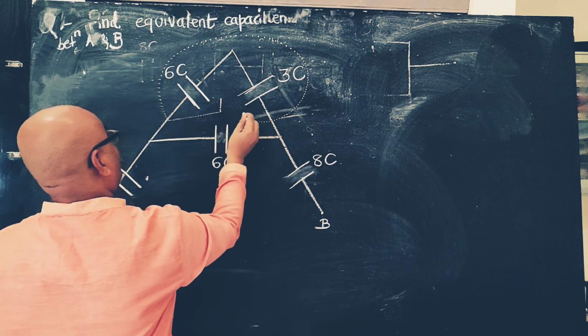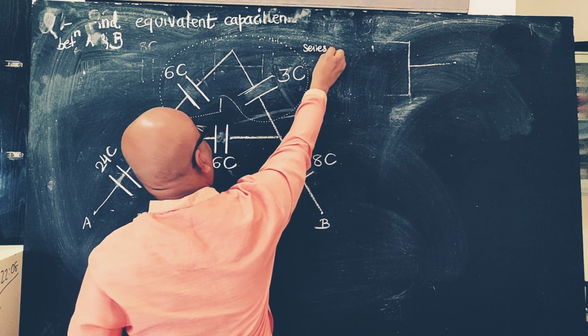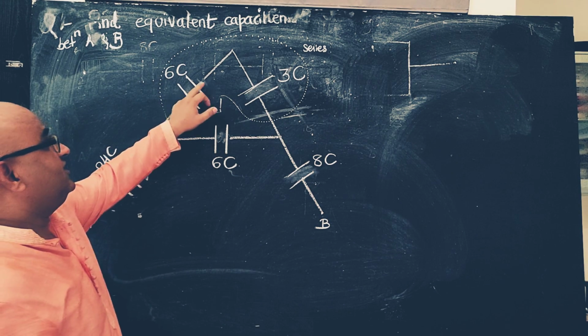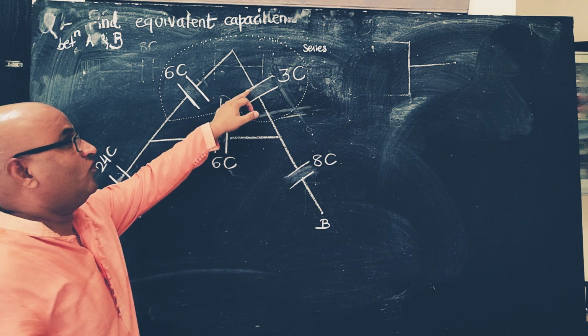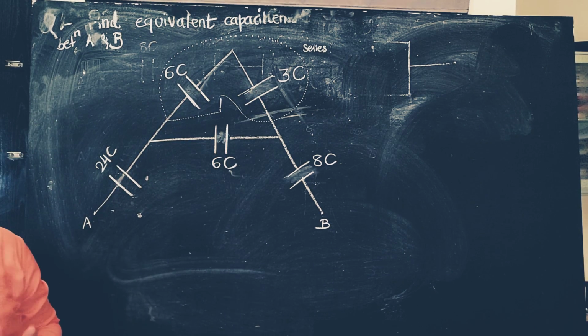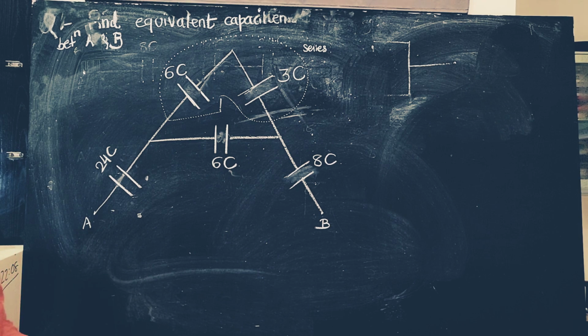Series. ये दोनों इसमें connected है, series में connected. Okay. The second plate of the 6C is connected to the first plate of what? 3C. These two are in what? Series.